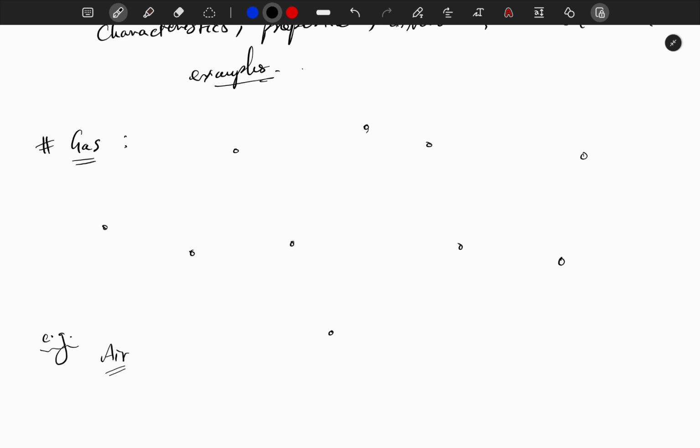So molecules of the air are very far apart, so that there is less force of attraction between the molecules, so they wander about in the space. Some are moving here, some are moving there, some are moving in this direction, so they are randomly moving in different directions.